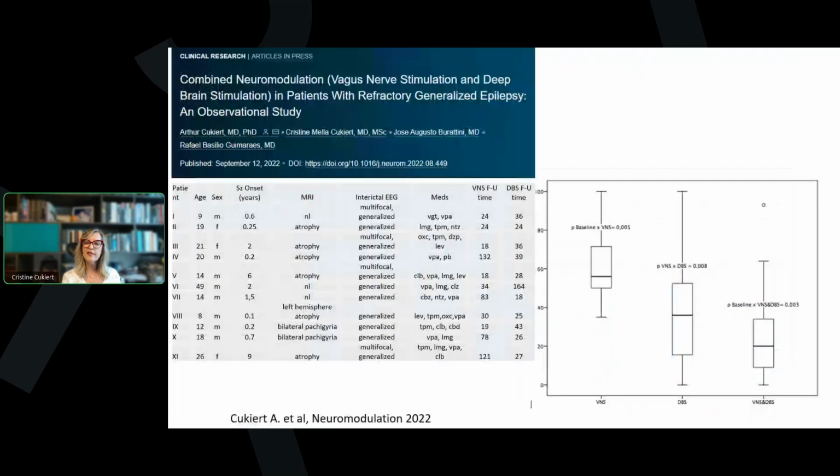And this is another very interesting thing we show. This is an observational study, but when we put VNS plus DBS, in addition mode, we have a much better response with the two neuromodulation systems.